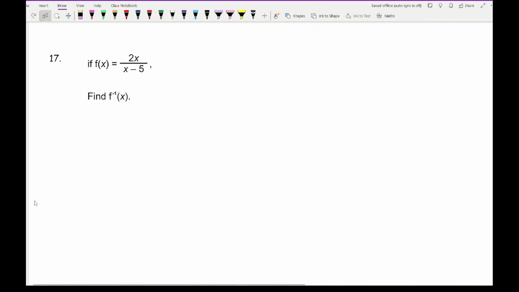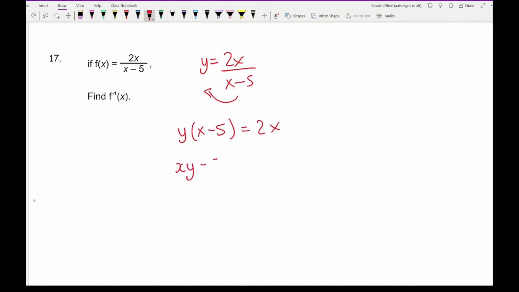Then moving on to question 17, again, very, very similar. So make it equal to y. Then take all of this over to the side, so I end up with y times x minus 5 equals 2x. Expand the brackets. And then swap these two things around. So I get xy minus 2x equals 5y.